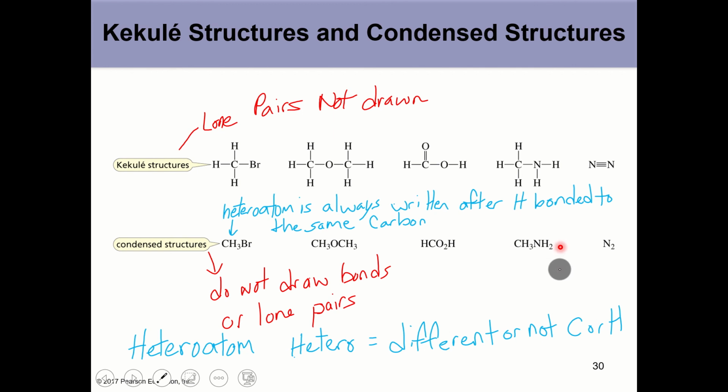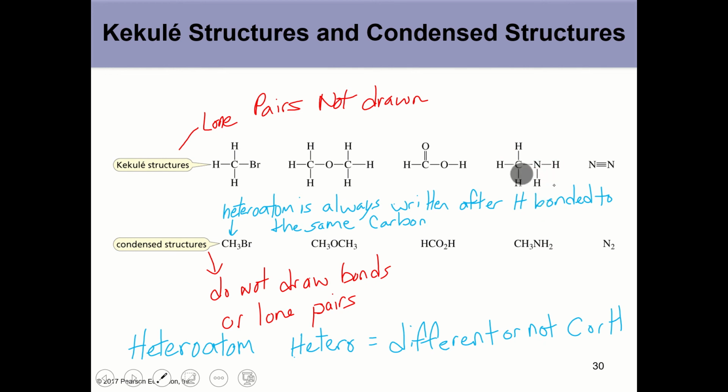Then we have methylamine, the last molecule, well, second to last molecule, but we've looked at N2 before. We have a carbon bonded to 3 hydrogens and then a nitrogen. So carbon bonded to 3 hydrogens, followed by a bond to nitrogen. This nitrogen is bonded to 2 hydrogens.